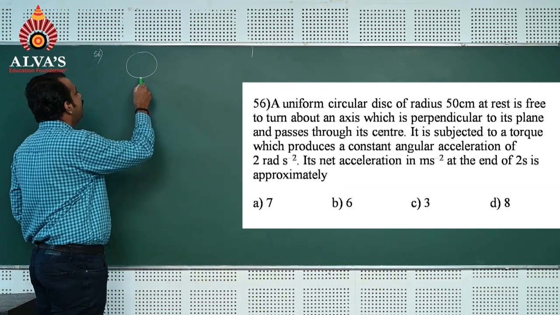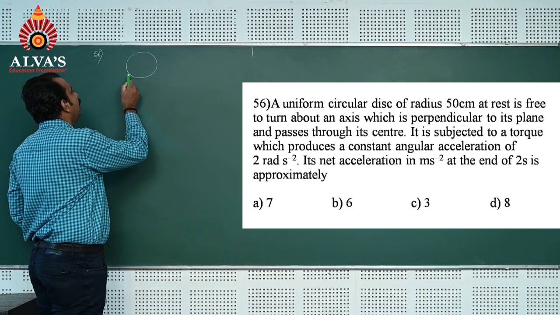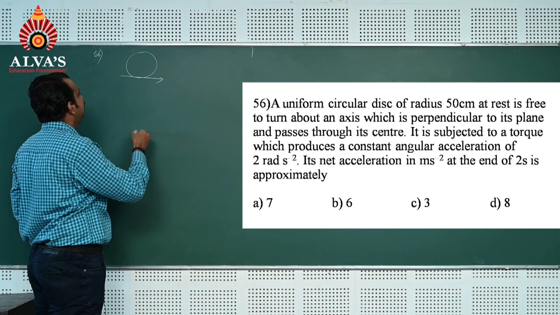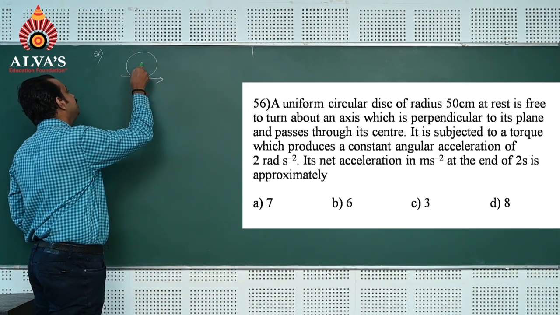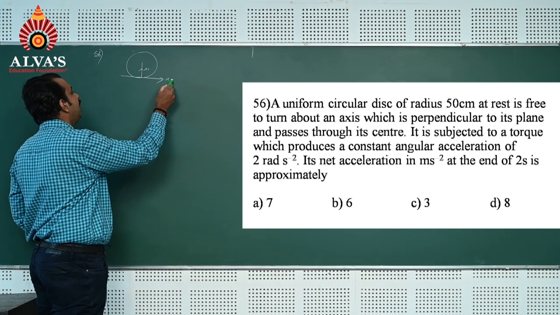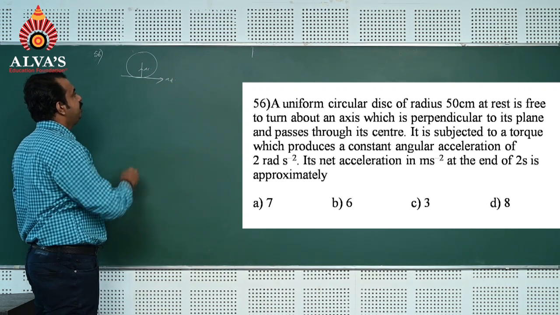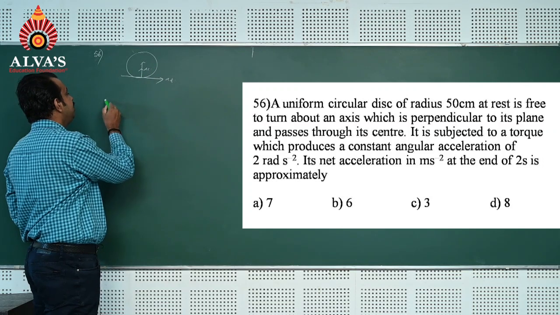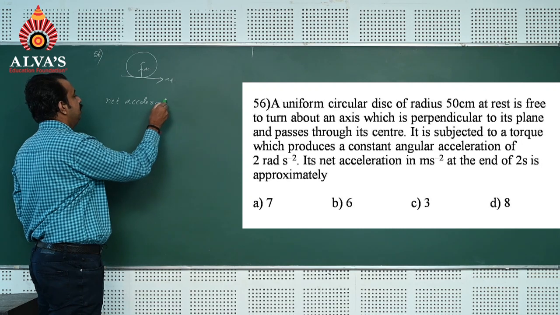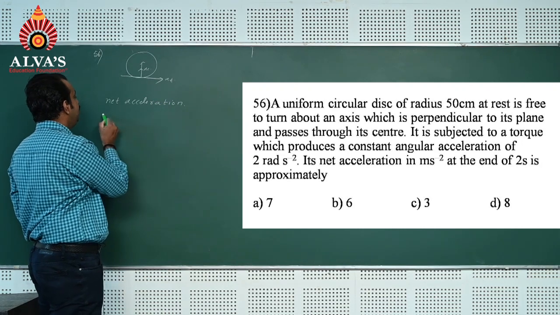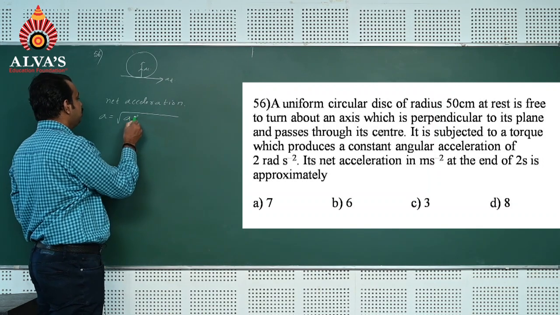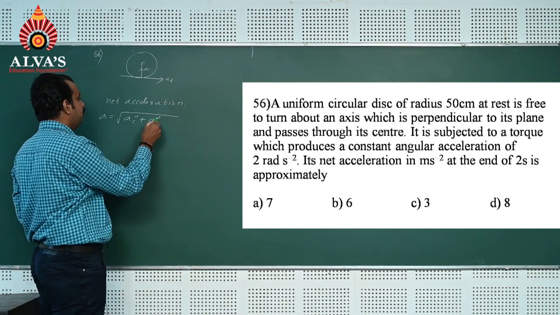When it is made to rotate, you know that a force must be applied. When force is applied tangentially, it has centripetal acceleration towards the center as well as tangential acceleration along the tangent. The resultant of this is the net acceleration, which is A is equal to square root of AC square plus AT square.